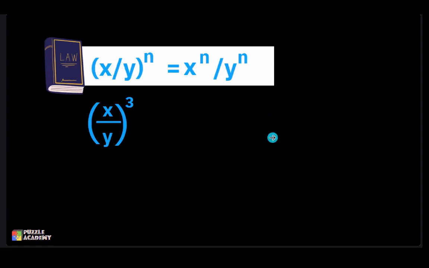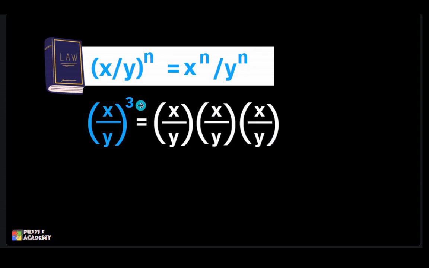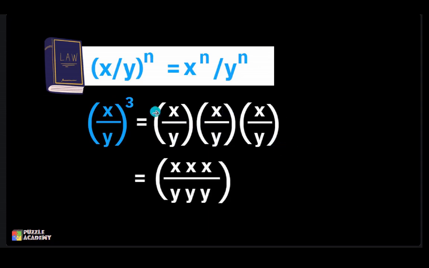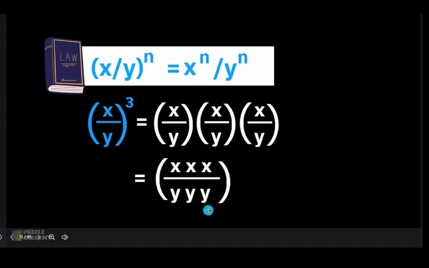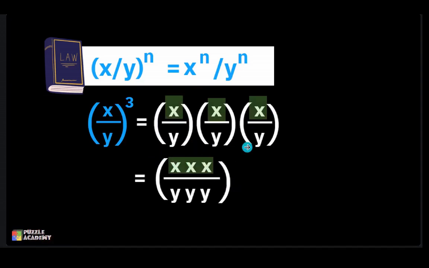So, anong mangyayari dyan? So, i-group natin siya ng tatlong beses. Yung x over y times x over y times x over y. Also, pwede natin siya pagsamahin, no? Yung x dun sa numerator, since pare-parehas lang, pagsamahin natin sa isang numerator. So, x times x times x. Same with the denominator, y times y times y. So, bilangin natin ngayon, ayan, yung x, di ba?